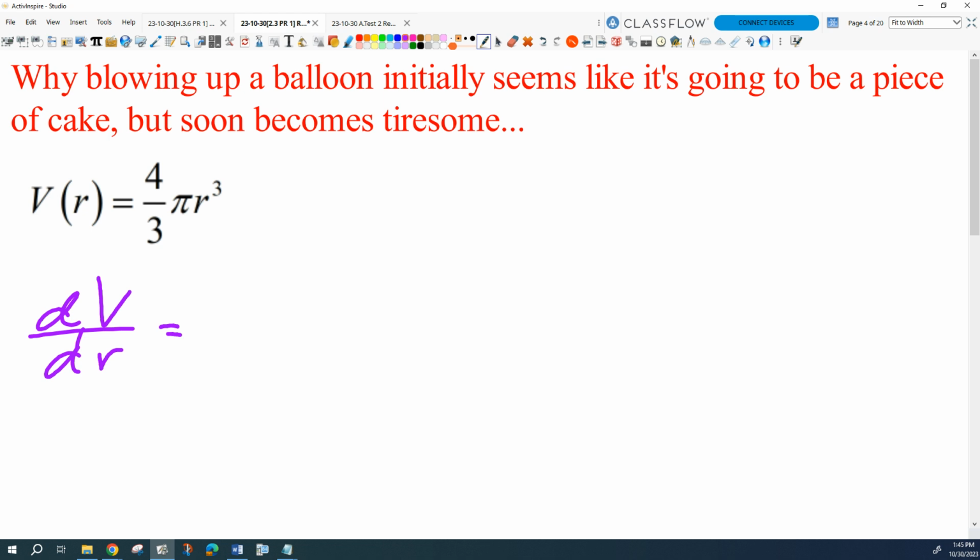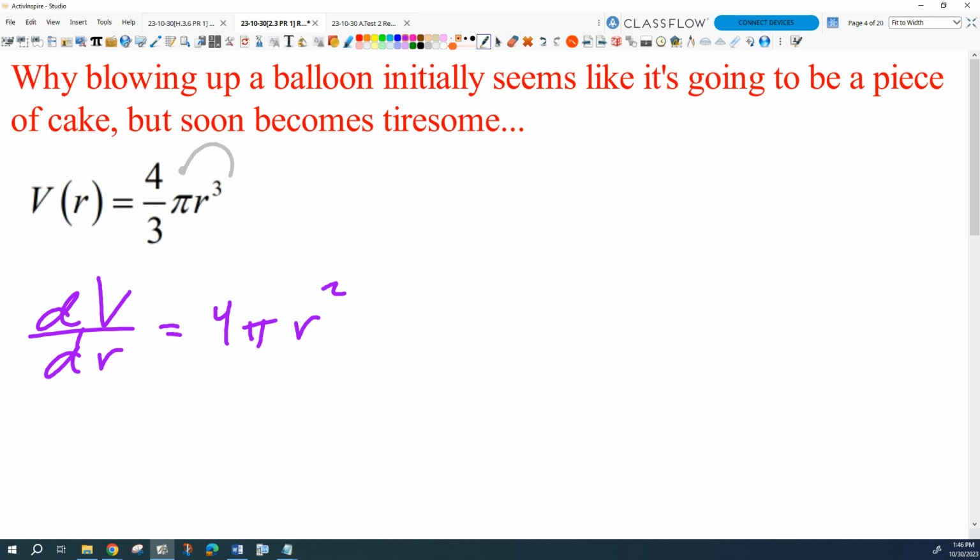Four pi r squared, isn't it, right? Because really the 4/3 pi is all just one big constant. I've got the power rule applied to the r cubed. I would just take that exponent of r cubed and multiply it by the constant out front. 3 times 4/3 is 4. So I get a 4 pi r squared.